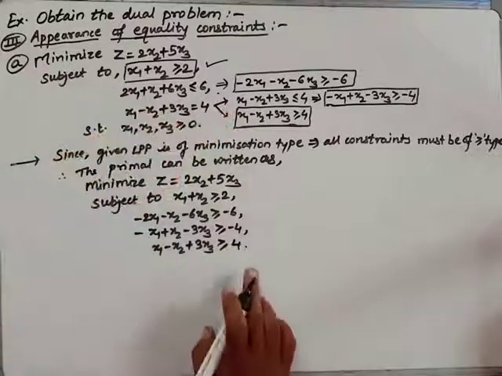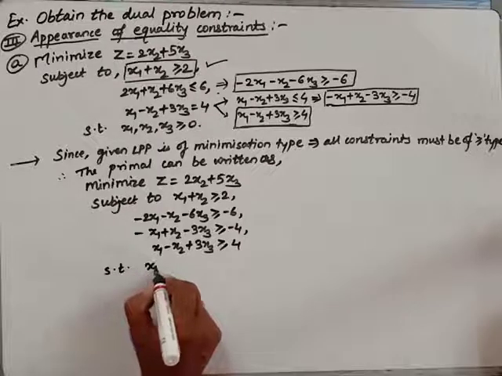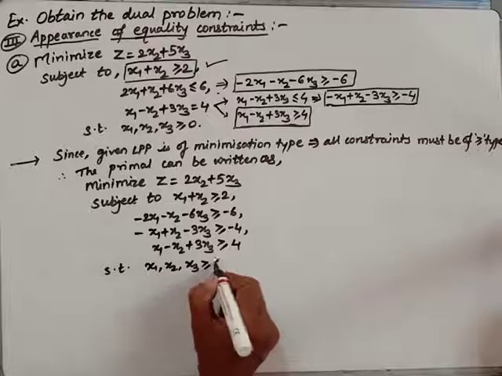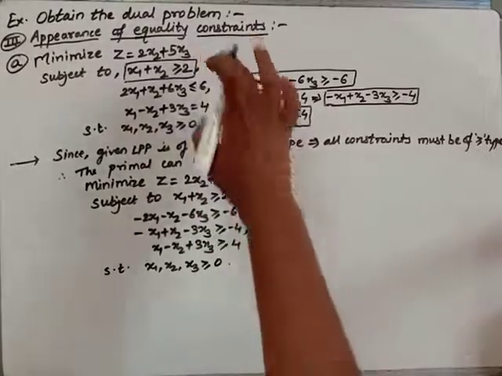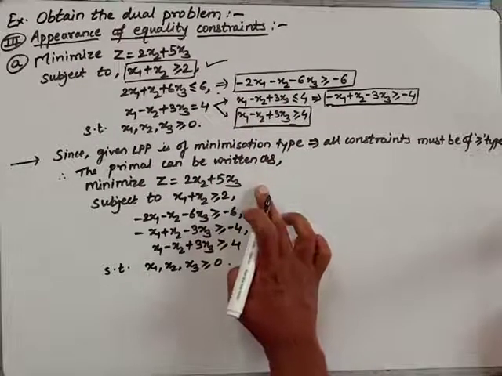As such I can write, such that x1, x2, x3 greater equal 0. The same problem I have written in another form to get our dual.